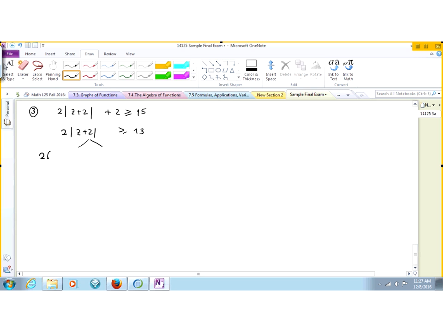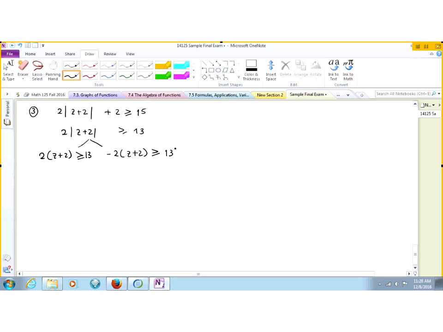The first one is what? 2 times z plus 2 is greater than or equal to 13. How about the other one? Negative 2 times z plus 2 is greater than or equal to 13.